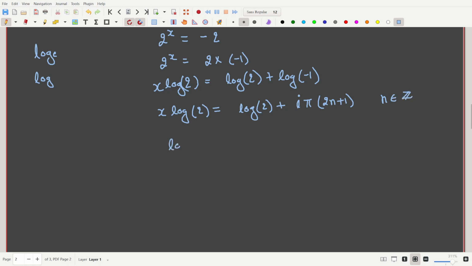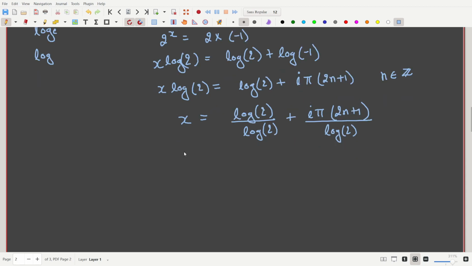Which means x is equal to, we are dividing both sides by log 2, x is equal to 1 plus iota pi into 2n plus 1 divided by log of 2.